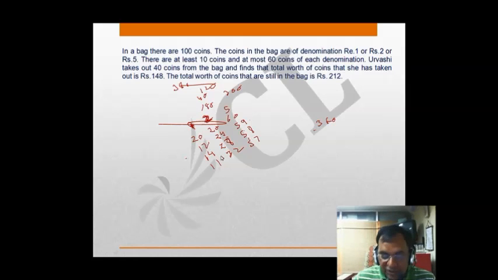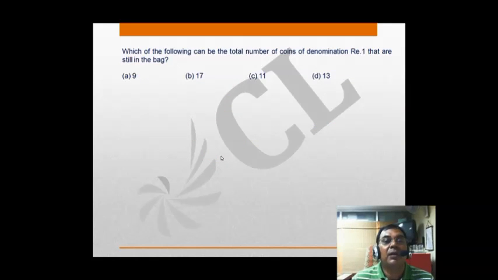Now if I start working out the questions, which of the following can be the total number of coins that are still in the bag? Now I'll have to keep checking with each option how to go about it. So it has to come with everything.